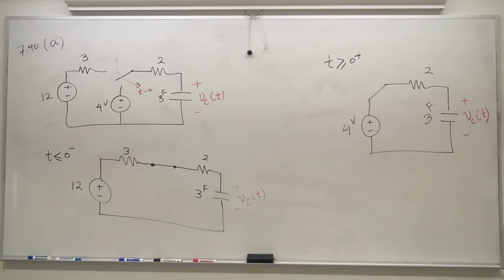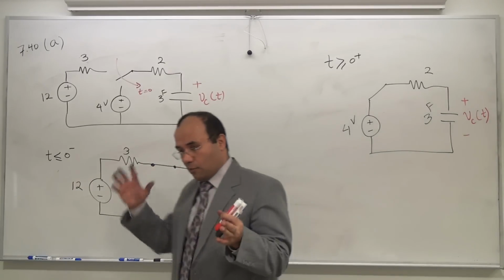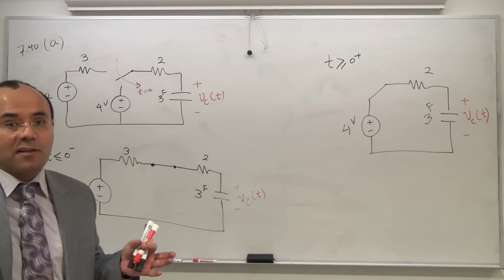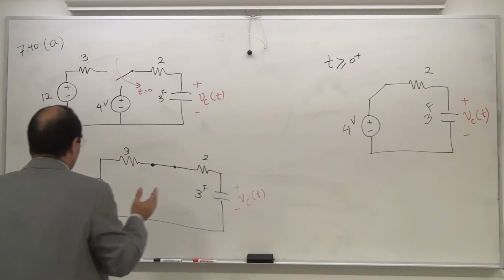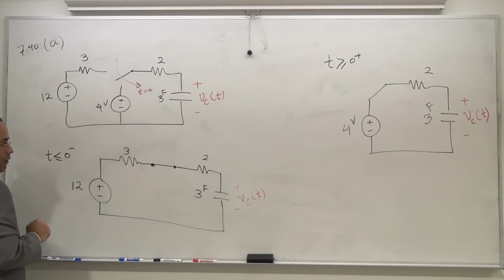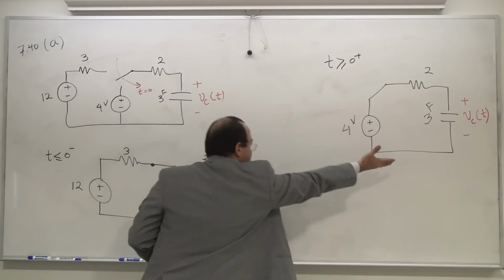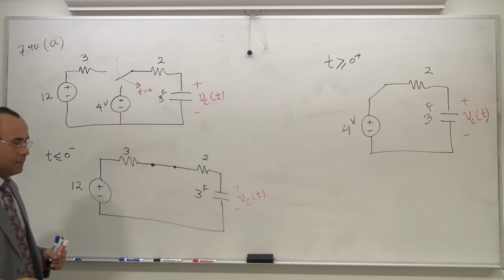So it's just for the fun of the math and exercise. What am I supposed to do? You need to devise a strategy. Remember your chess game. All the time as an engineer, you're trying to do a Sudoku, a chess to play. Now what is this? I need to find the voltage of the capacitor at 0 minus, and then I'm going to transfer that to 0 plus.